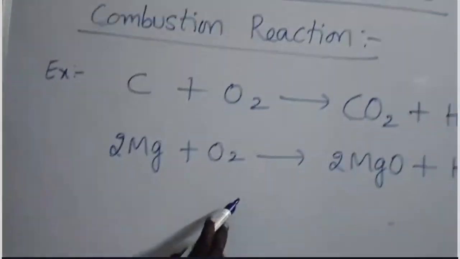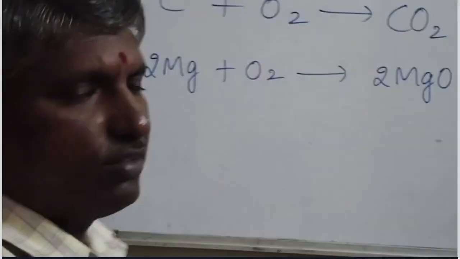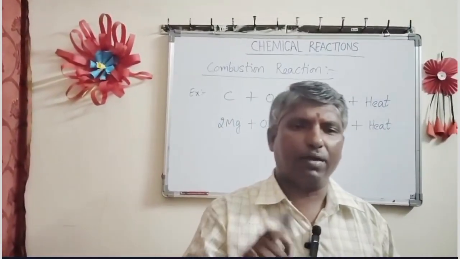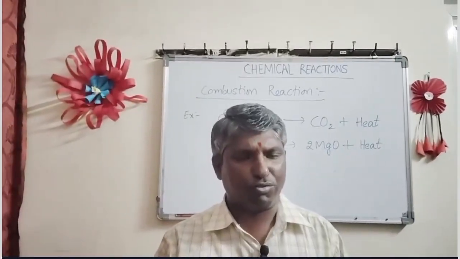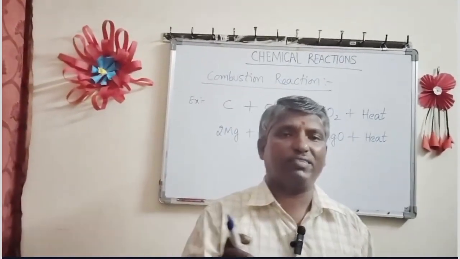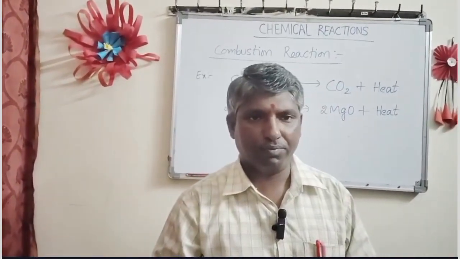Magnesium reacts with oxygen and forms magnesium oxide and heat. These are good examples of combustion reactions. Here, all combustion reactions belong to oxidation reactions, but all oxidation reactions are not combustion reactions.